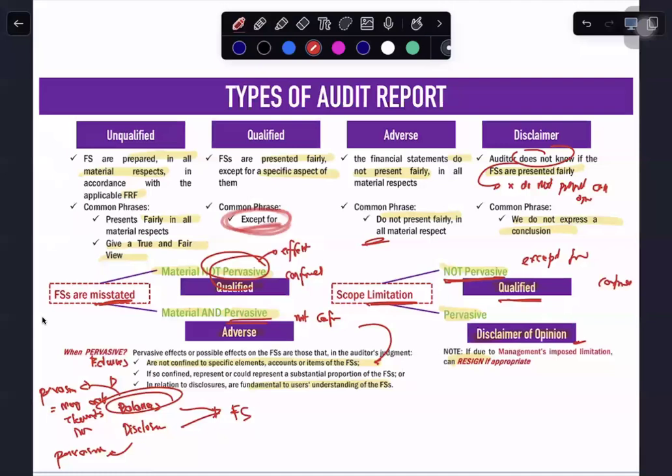Therefore, once the misstatement is pervasive, it is always adverse. Scope limitation pervasive, that is disclaimer. Once it is confined, not pervasive, it is except for, qualified. It only changes to adverse or disclaimer depending on the issue, whether it is misstated or whether there's a scope limitation.